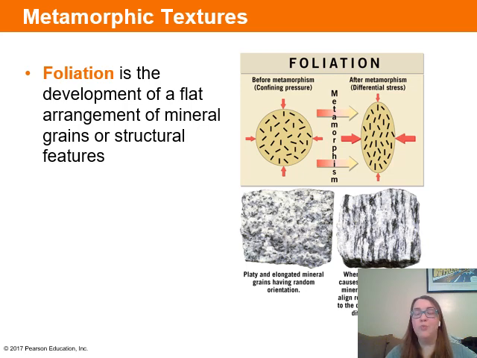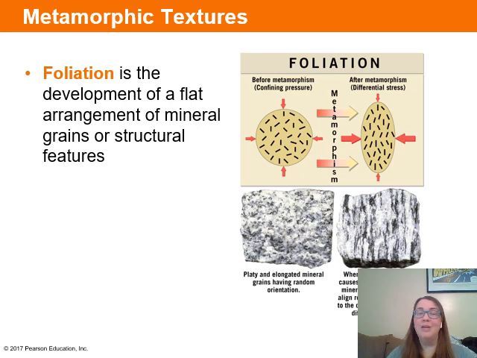Here, the minerals are just randomly orientated. So we're going to see that they line up in any possible direction. But if we start squeezing in the sides through differential stress, we're going to cause all of these minerals to line up in one overall direction. And this is called foliation.